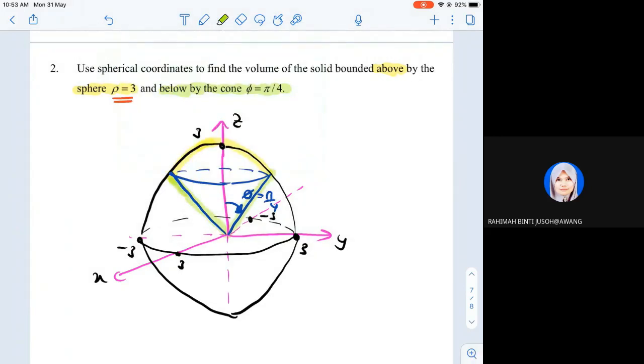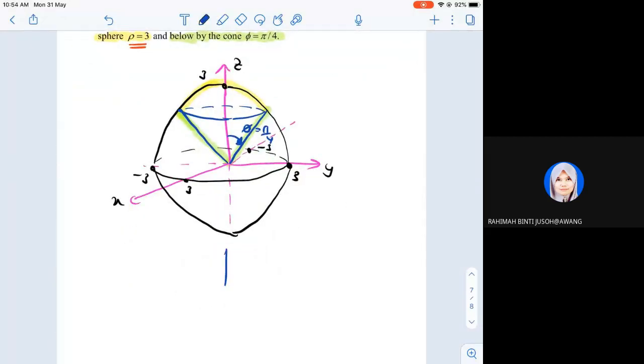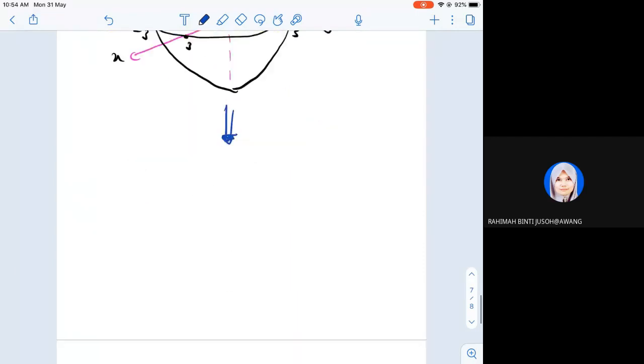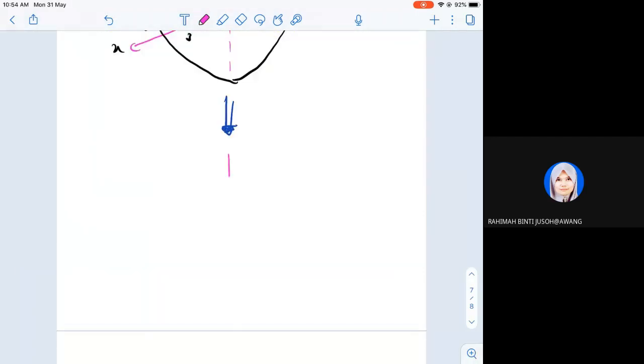Okay, so it just looks like an ice cream cone, right? Betul tak? Dia macam ice cream cone. So if I sketch this graph, region kita ni hanyalah, it looks like this.